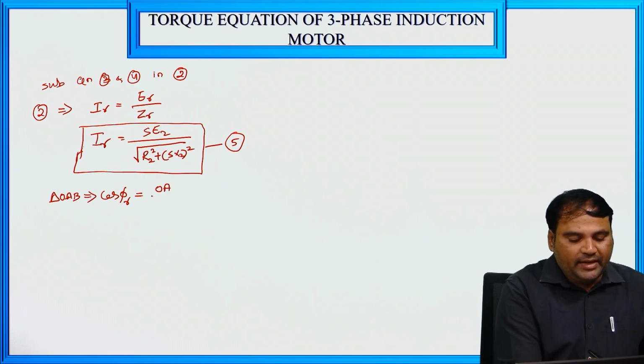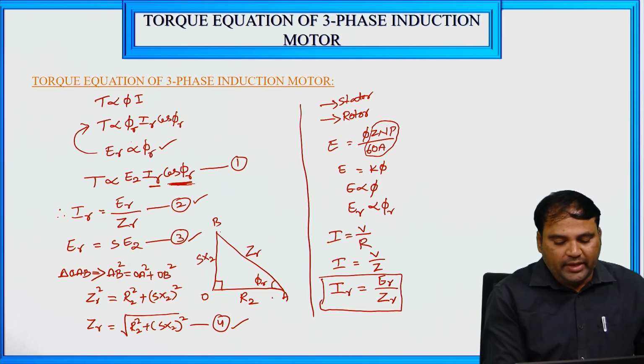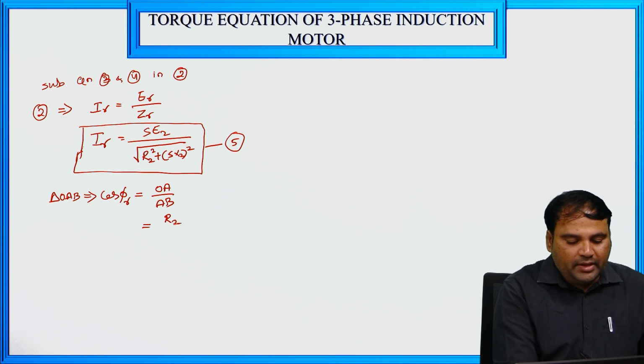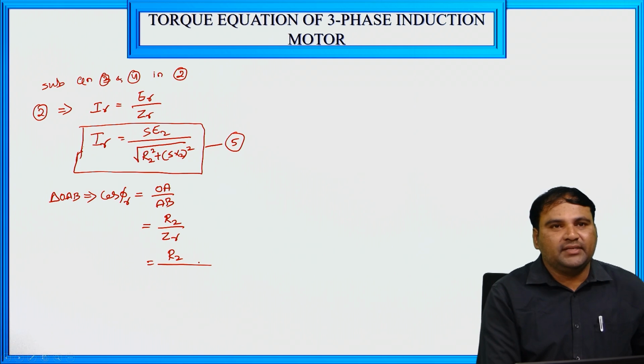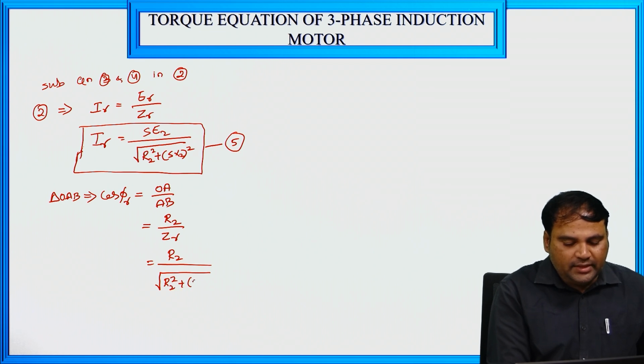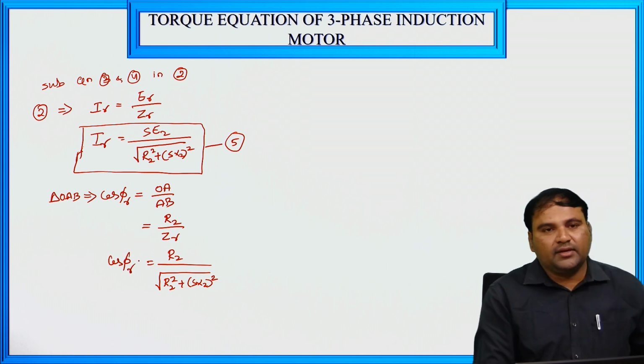So OA divided by AB: OA means R2, AB means ZR, so that is equal to R2 divided by ZR, where ZR is equal to under root of R2 square plus S X2 whole square. So R2 divided by under root of R2 square plus S into X2 whole square is the rotor power factor cos phi r.